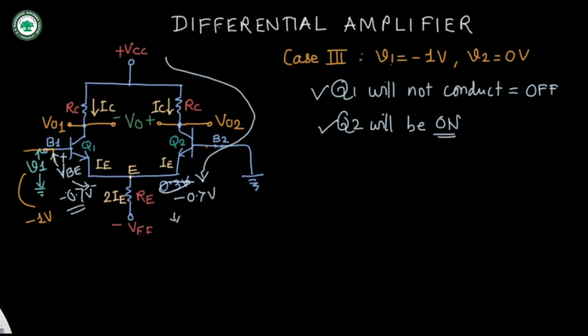So as and when we have a difference between the two input signals V1 and V2, if they are not the same, at that time one of the transistors will conduct.